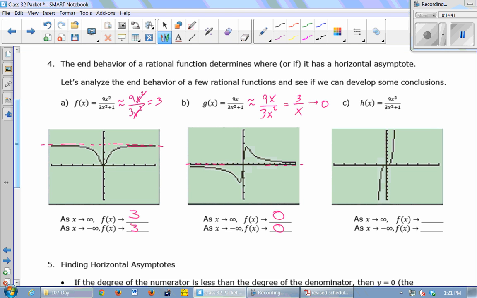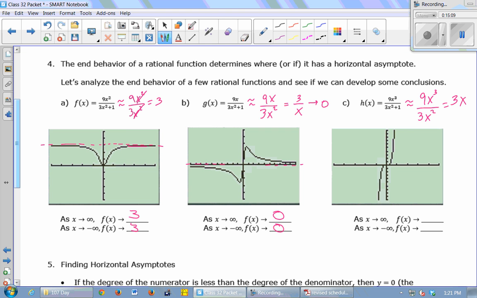Now, if I look at a case where the degree of the numerator is bigger than the degree of the denominator, very similar kind of argument here. Ignore the plus 1. So for x's that are really big, this is approximately the same as 9x cubed over 3x squared, which simplifies to 3x. And as x gets really big, what happens to 3x? It gets even bigger, right?